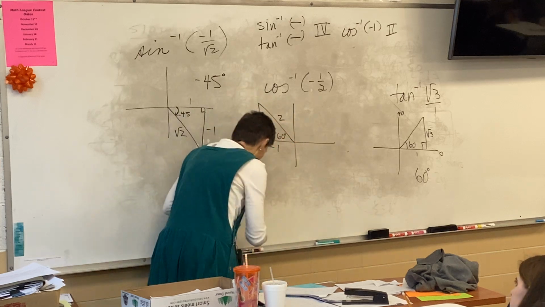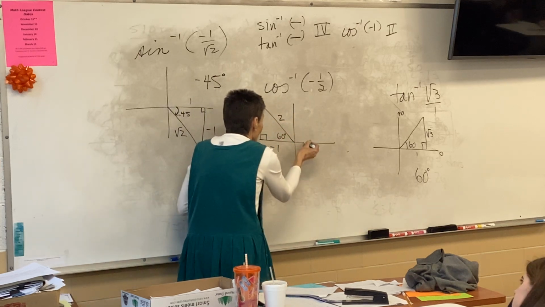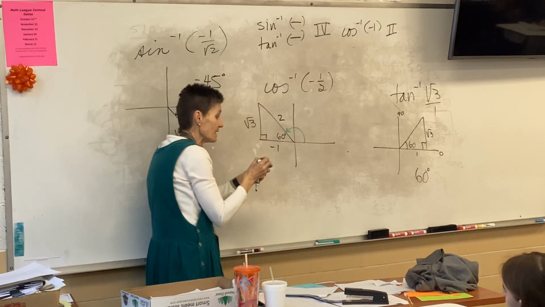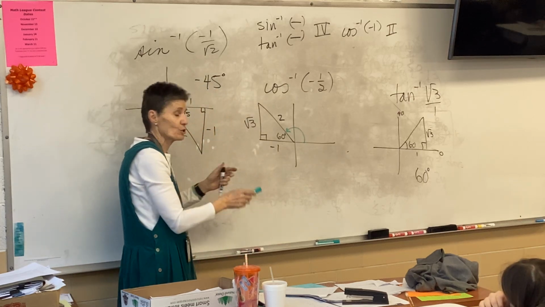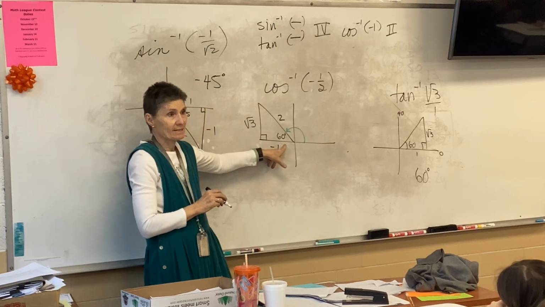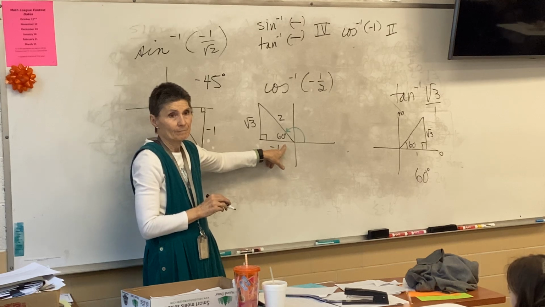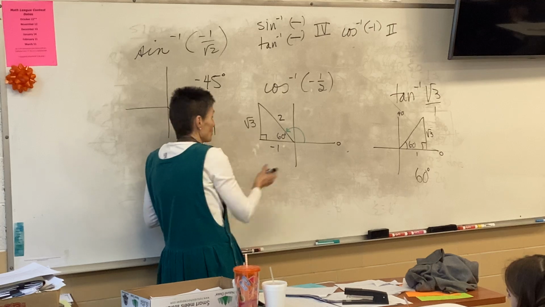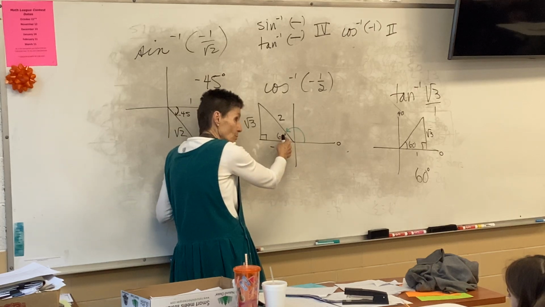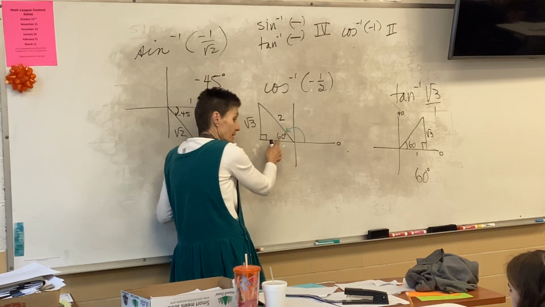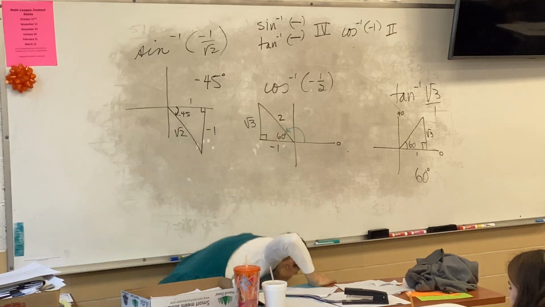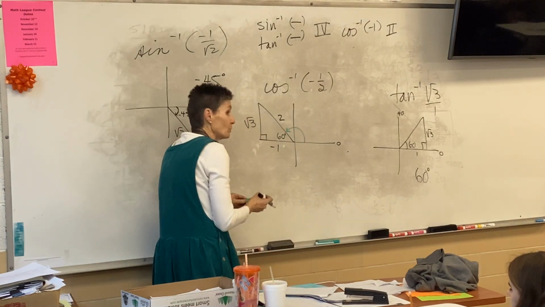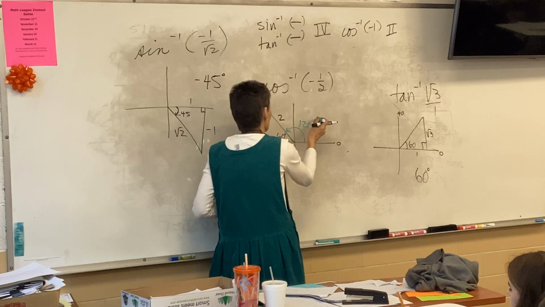I need this angle right here. I need the angle that's in quadrant 2 that makes a 60. Remember, you always start here. So I gotta get around to quadrant 2 and make a 60. So how big is that green angle? I heard somebody say 120 and you are my hero. That's exactly what it is.